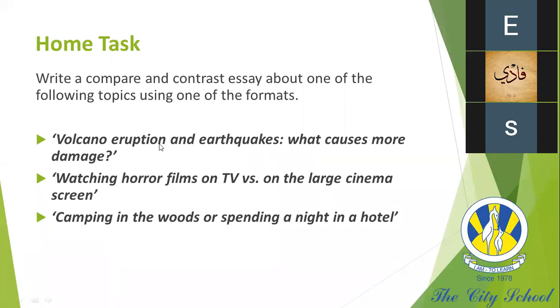You are going to write the introduction, then in the other paragraphs you're going to write everything about volcano eruption, and in another paragraph you're going to write about earthquakes, and then in the second last paragraph you are going to compare both of them, what causes more damage. All right, and then the conclusion.